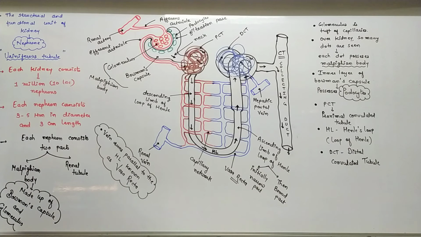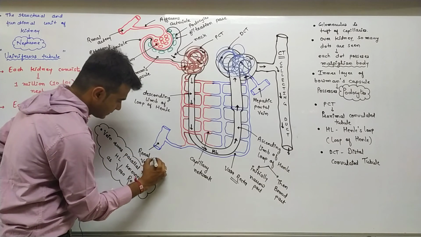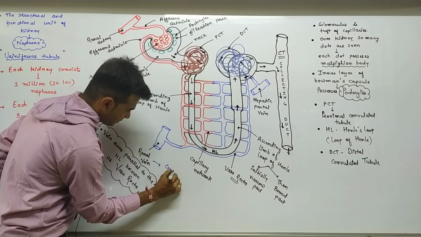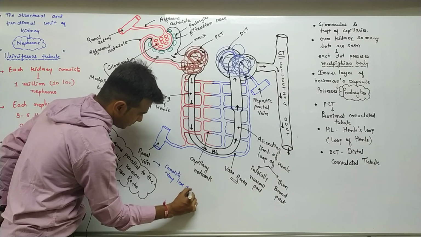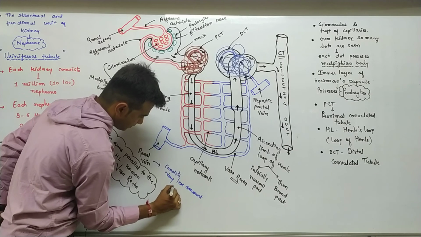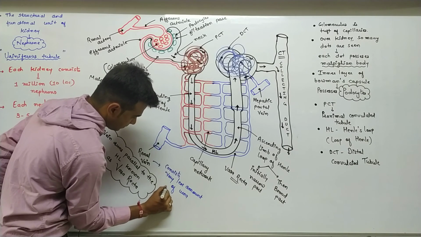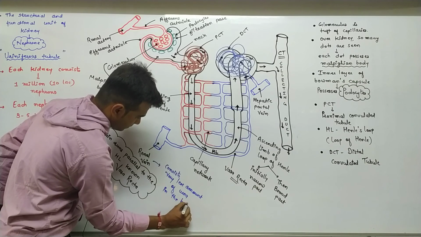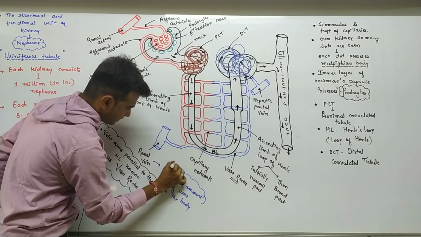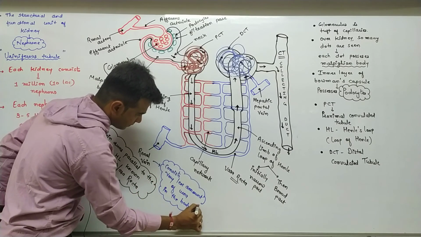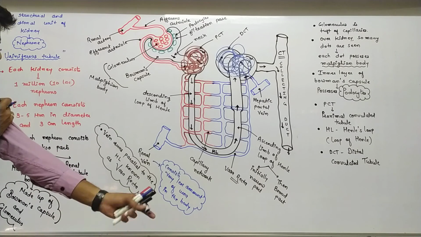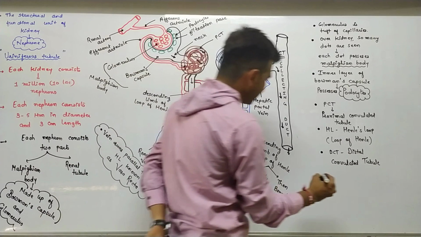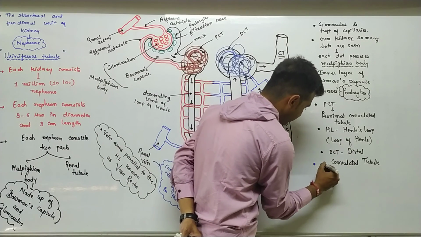Okay, another point, the last point. The renal vein consists of very little urea in the body, whereas the hepatic portal vein consists of the highest amount of urea.